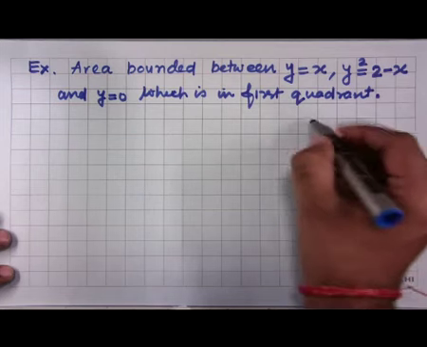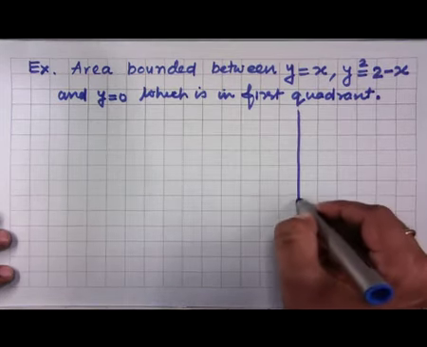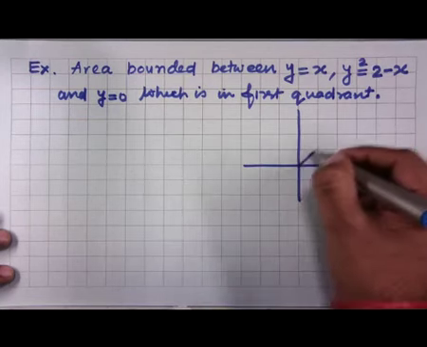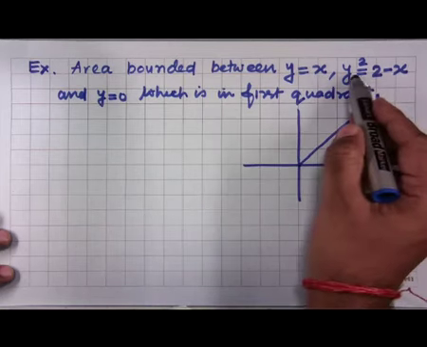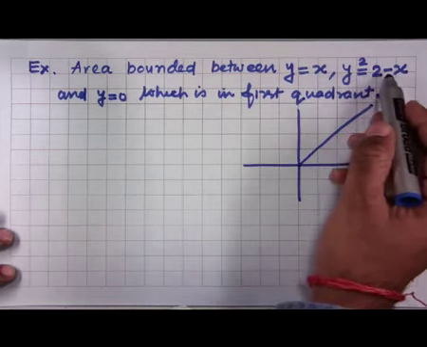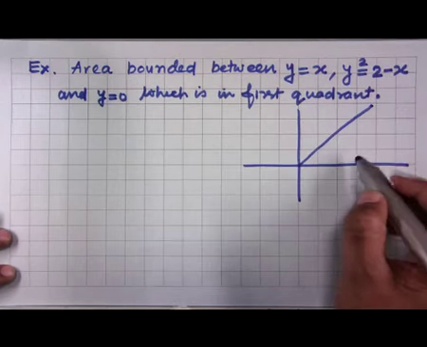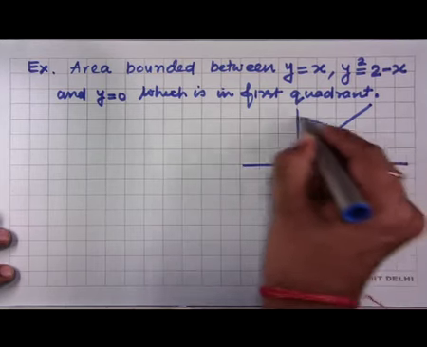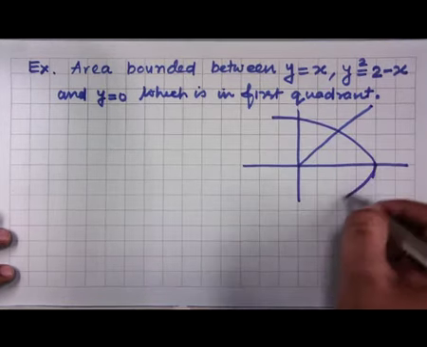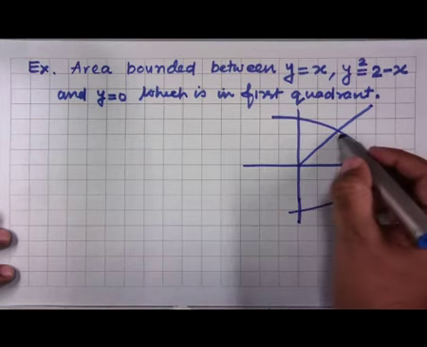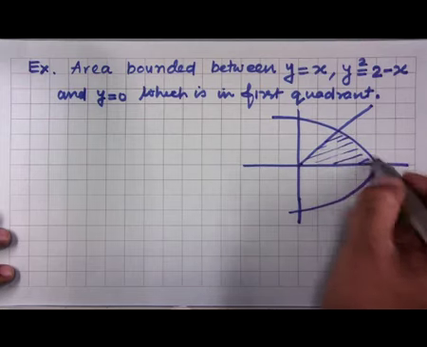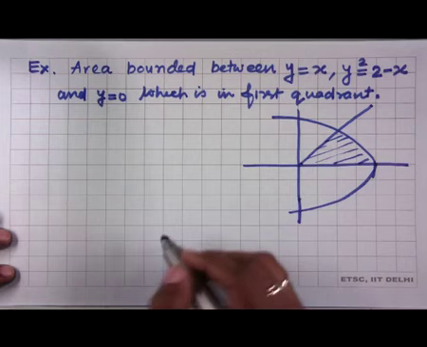So, let us draw it. Y equals to x is this line, and y square equals to 2 minus x is a parabola whose vertex is 2 comma 0. So, we have this kind of situation, and the required area is this, the area bounded between the line, the parabola and y equals to 0, lying in the first quadrant.